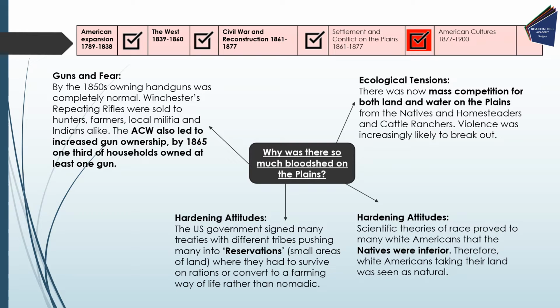But this leads to lots and lots of Americans owning handguns for the first time. Also, the American Civil War had led to increased gun ownership, and by 1865, a third of households owned at least one gun. Obviously, this is going to lead to more extreme violence if a violent attack breaks out because more people now have access to guns.